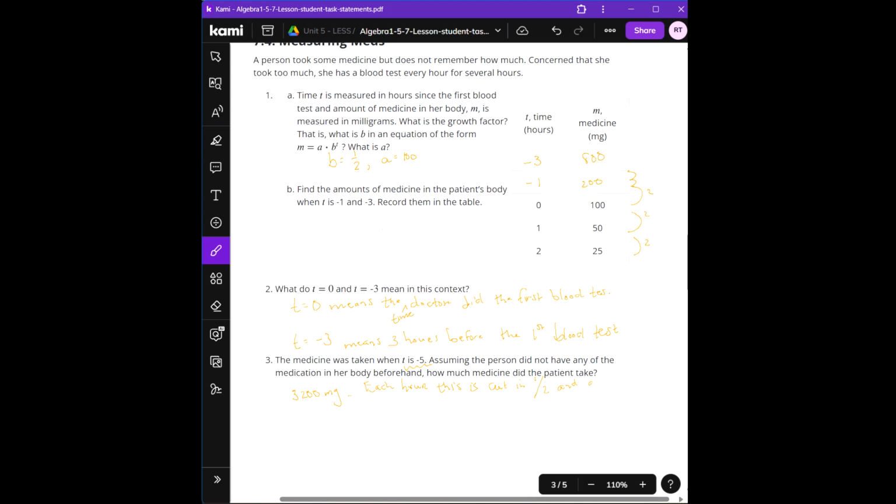And after being halved five times, it leaves 100 milligrams, which is the amount of medication in the person's body when t equals 0.